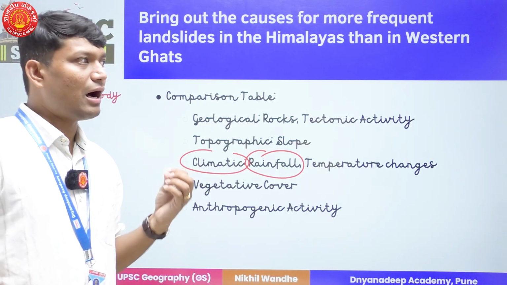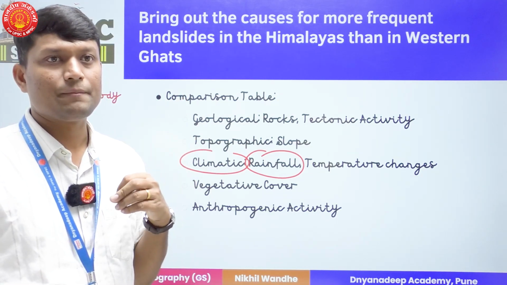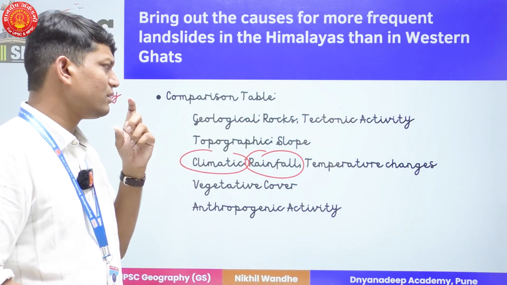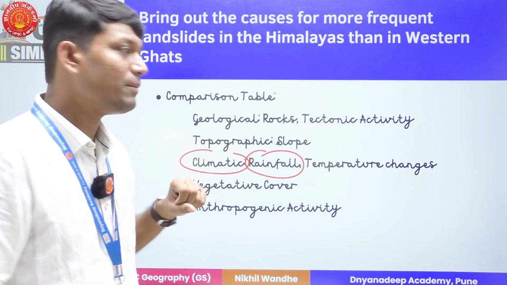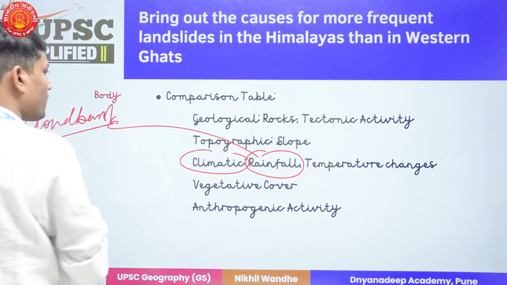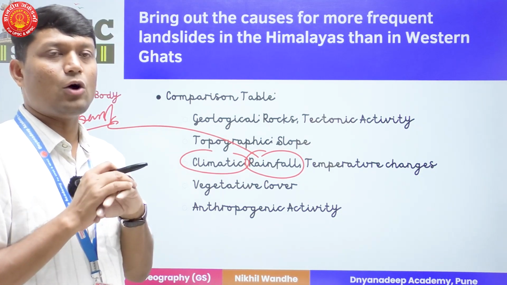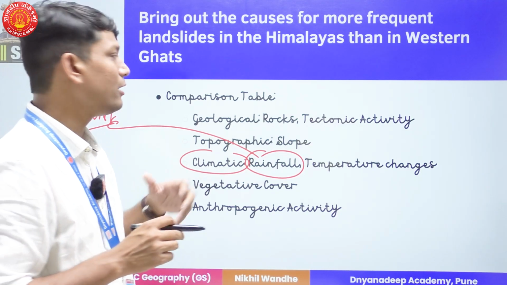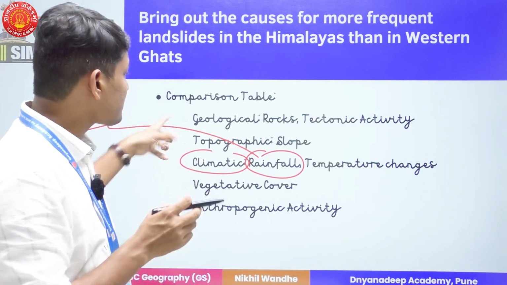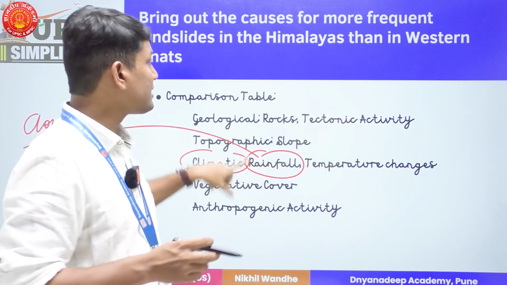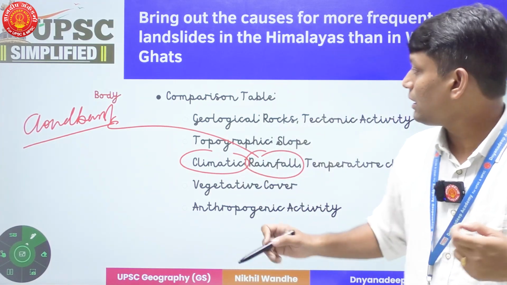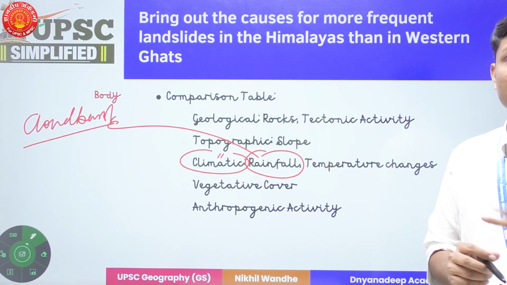In Himalayas, there is an abrupt rise of winds or abrupt rise of air, and as a result, the rainfall which occurs in the regions of Himalaya more often results in cloudbursts, and these cloudbursts create havoc and a lot of landslides in the regions of Himalaya, right? So not as many cloudbursts are reported in the Western Ghats as compared to Himalaya. So this is one important reason which I am taking from the climate of both of the regions.